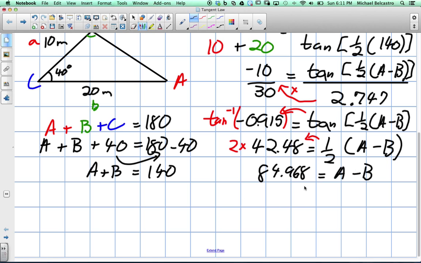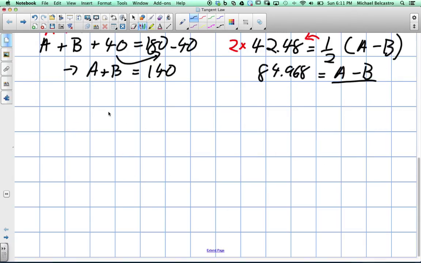Okay, now this is where we're going to use some substitution, or specifically we'll use elimination to figure out our A and our B. We have this information over here: A plus B is equal to 140, and A minus B is equal to 84.968. So we're going to set this up like an elimination question when you have linear functions.